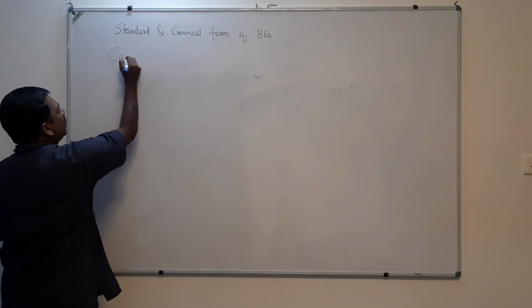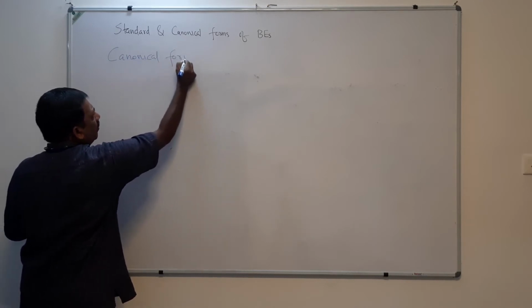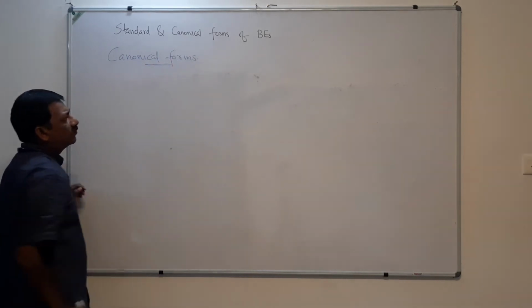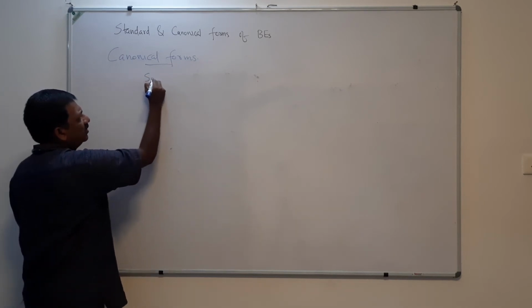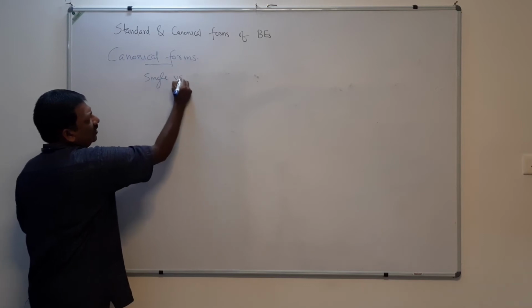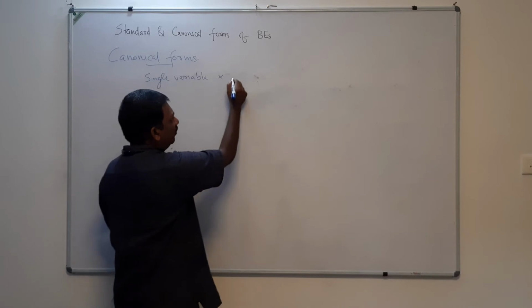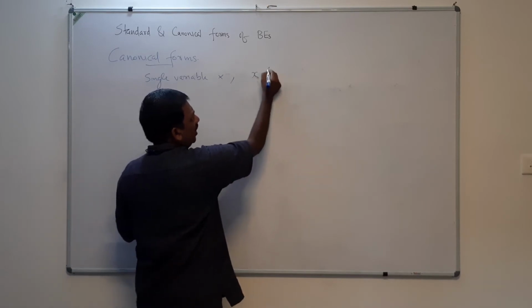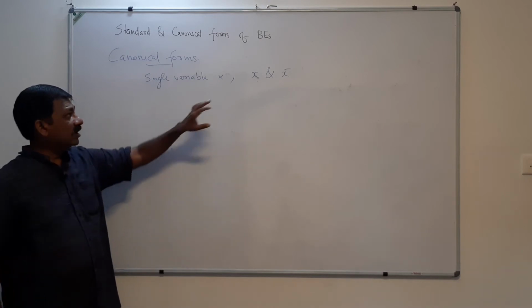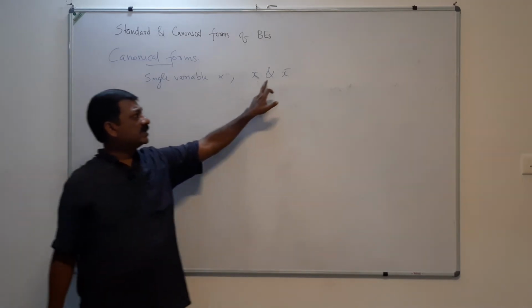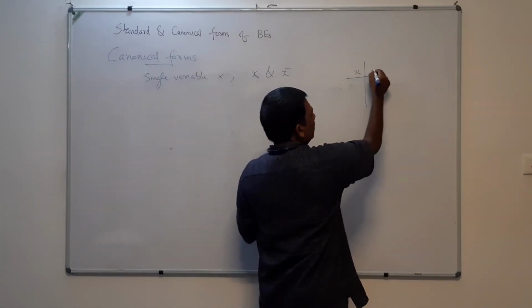If you have a single variable x, the canonical forms are x and x bar.